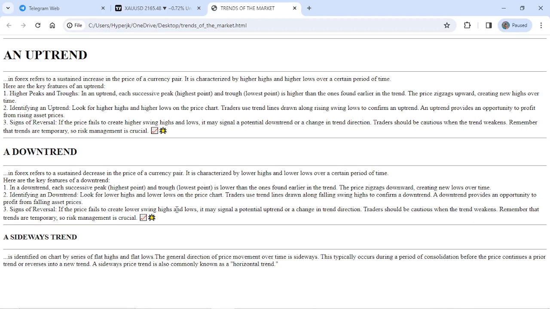Identifying a downtrend, you look for lower highs and lower lows in a price chart. Traders use trend lines drawn along falling swing highs to confirm a downtrend. So just like in an uptrend, when you want to confirm an uptrend, you pull out your trend line tool and draw your trend line across rising swing lows, right?